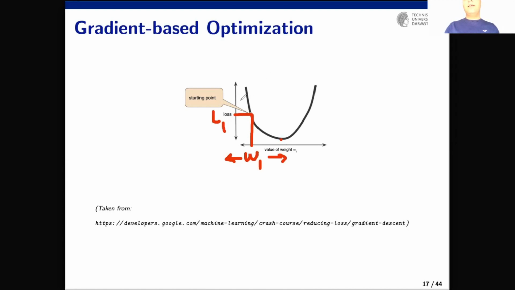What we do is that we calculate the gradient. Is the gradient positive or negative? The gradient is negative. But we want to improve these values, right? So we want to compute W2, right? So W2 should be W1 plus some value.